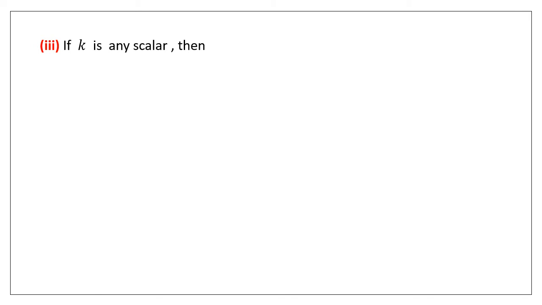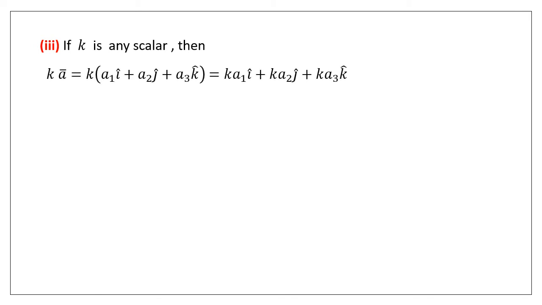If k is any scalar, then k times a cap, that is the scalar multiplication of the vector, equals k times a1 i cap plus k times a2 j cap plus k times a3 k cap.